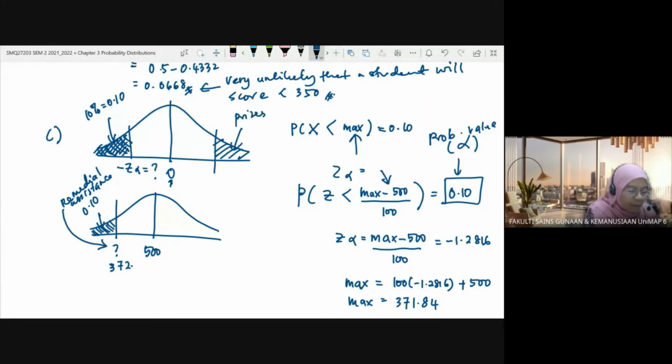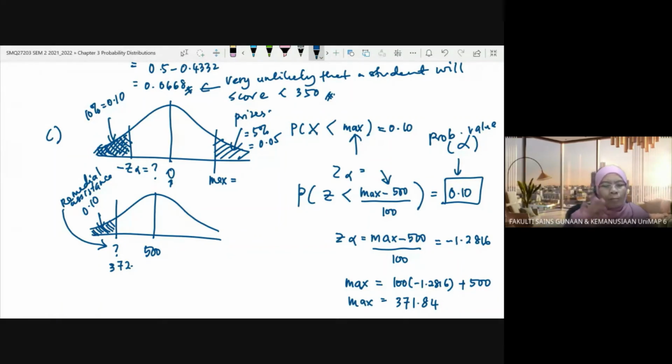What will be the value here? If the students are above the 5 percentile, the probability value is 0.05 here. So we need to find the maximum value or score for these marks. It could be at the bottom or at the upper tail table, so it depends on the question. If the question asks for the lower value, it will be at the negative side. If the question asks for the positive value, it will be at the right-hand side.